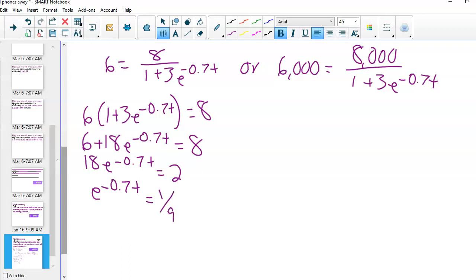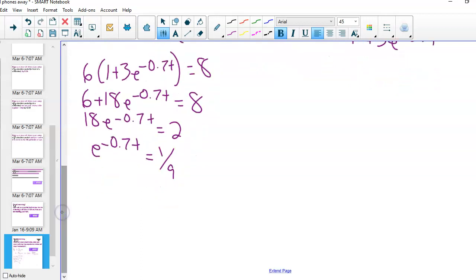Once you've done everything you can algebraically, then you could do ln of both sides to get rid of e. Ln and e cancel. This just gets brought down. That was one option. You didn't have to choose.